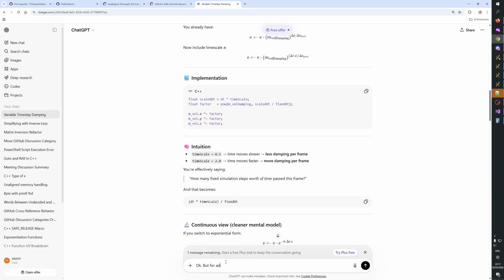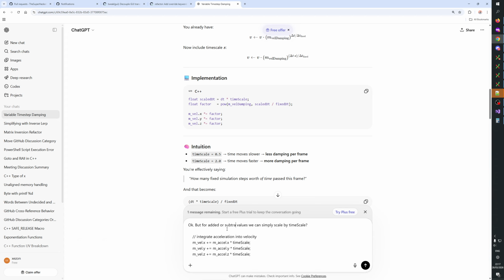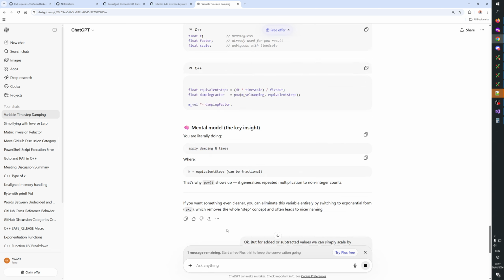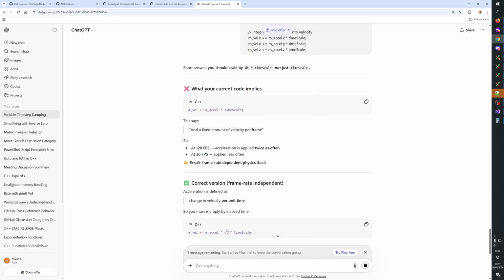But for edit values, we can simply scale by time scale, right? Delta time. At a fixed amount of velocity per frame. Yes.